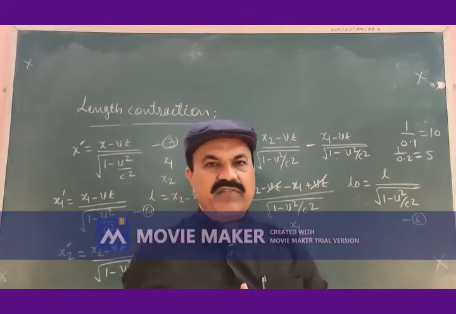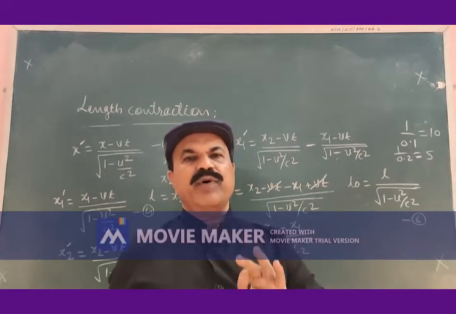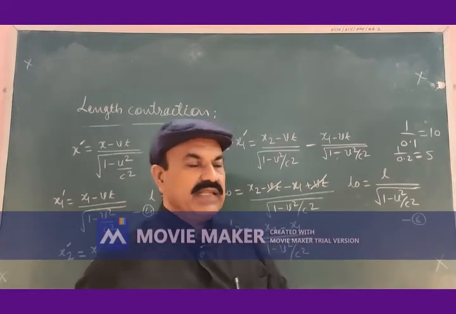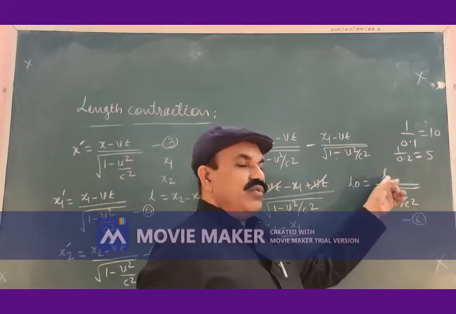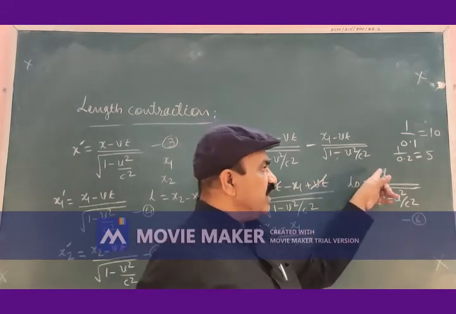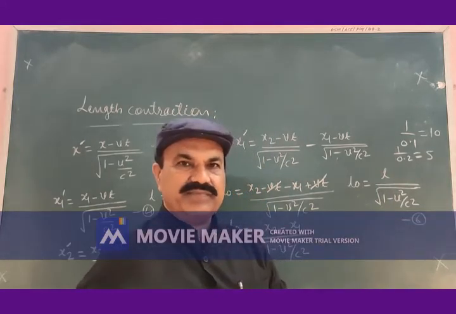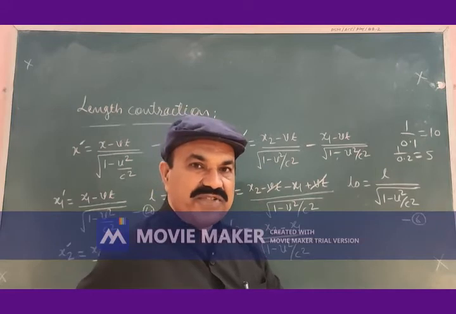So to make L equal to L0, we have to multiply L by a number greater than 1. What does this mean?